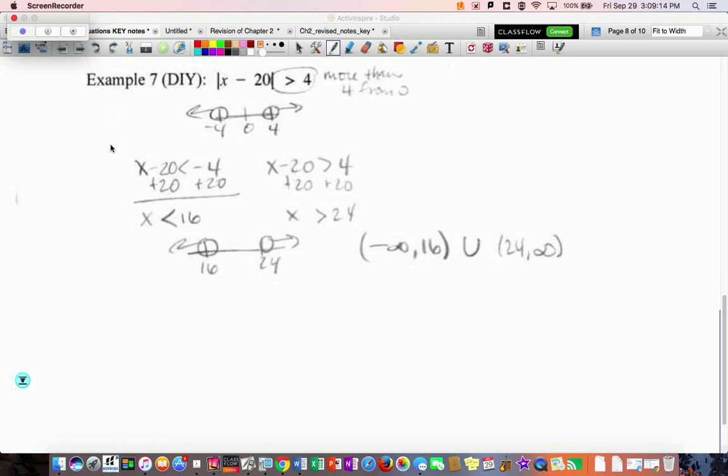Sorry. So this would have been the one that they did the negative 1 in front of. And so when they divided, they flipped the inequality and put the negative there. This one is the positive. They just wrote down x minus 20 is greater than 4. But what you're going to get is 16 and 24. And because it's greater than, you have to always be more from the center, I guess. So you're looking at outside answers.